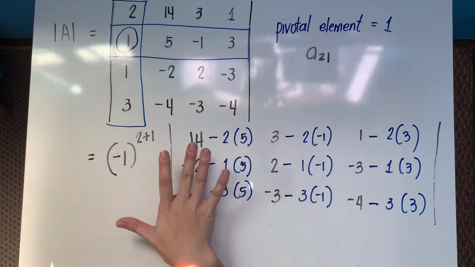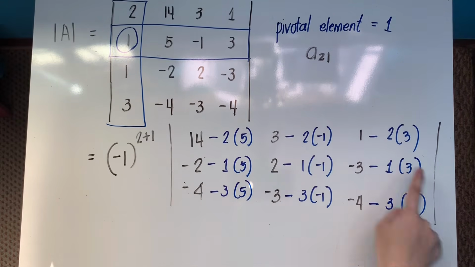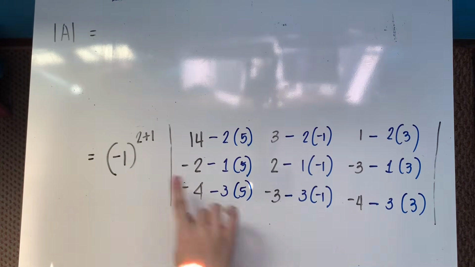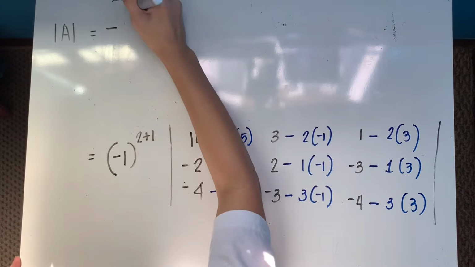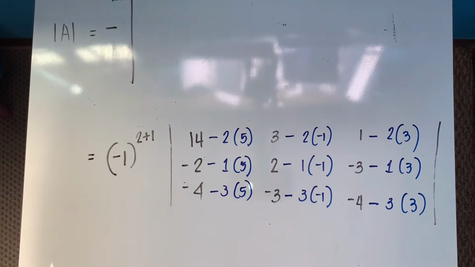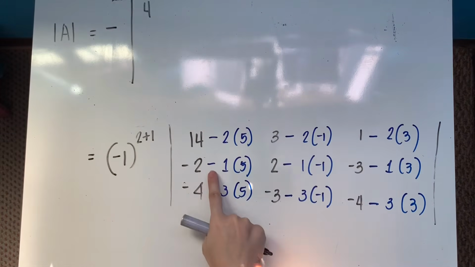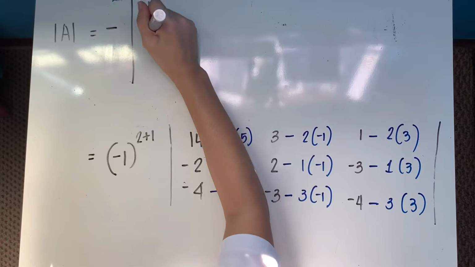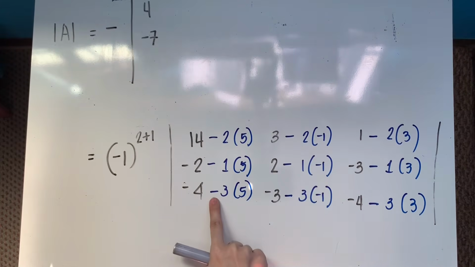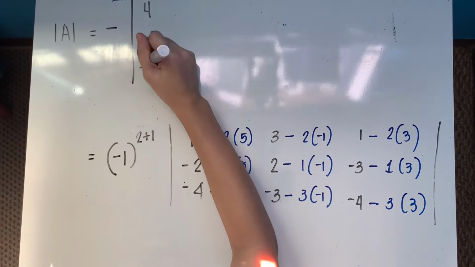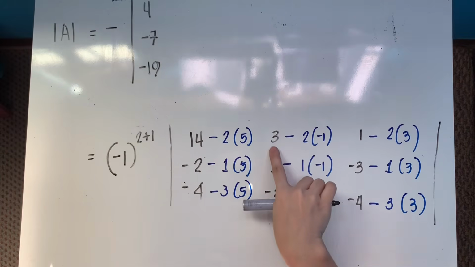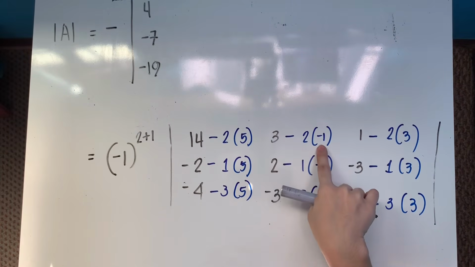Okay, then we'll operate this and simplify it so that it is a 3 by 3. So, negative 1 raised to 3 is negative 1. So, we'll have a negative sign here multiplied by the remaining 3 by 3 determinant. So, that's 14 minus 10. That's 4. Negative 2 minus 5. That's negative 7. Negative 4 minus 15. That's negative 19. 3 plus 2.